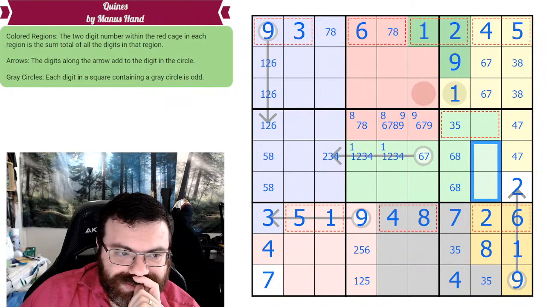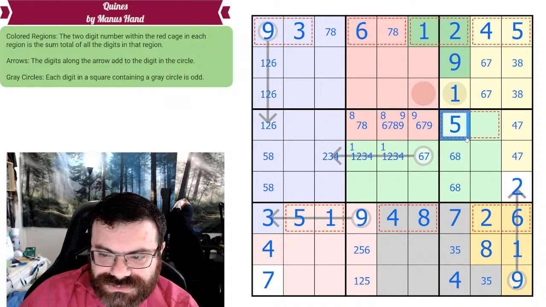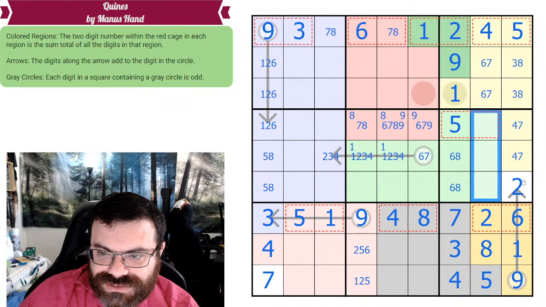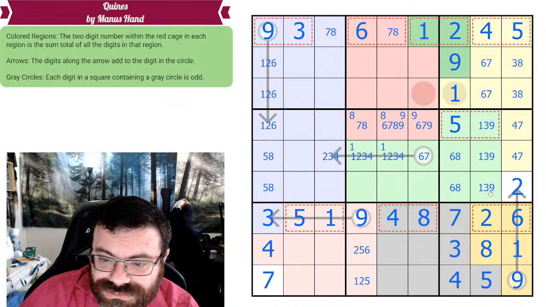That's a 6. That already gets us to 42. So yeah, this has to be a 5. So this is 3 and 5. So this is 1, 2, 3, 1, 3, 9. Interestingly.